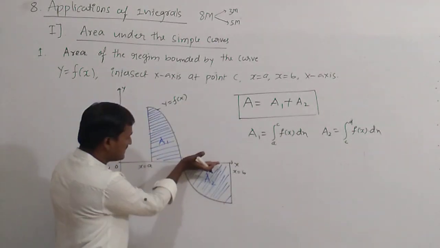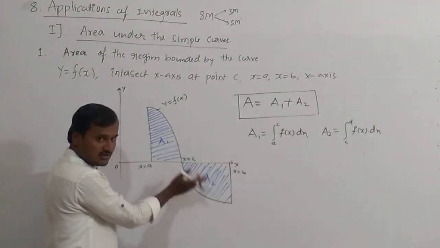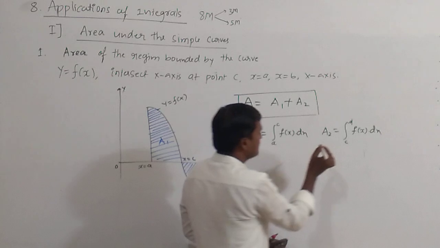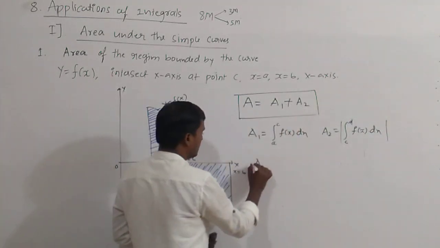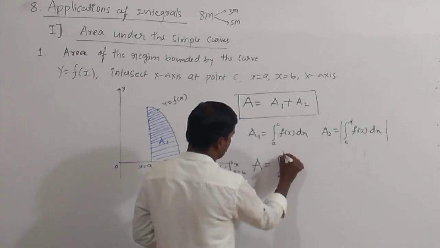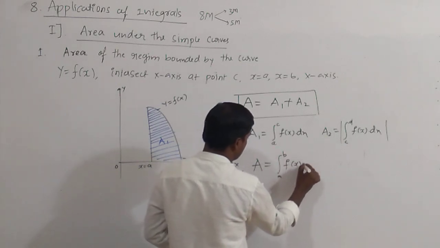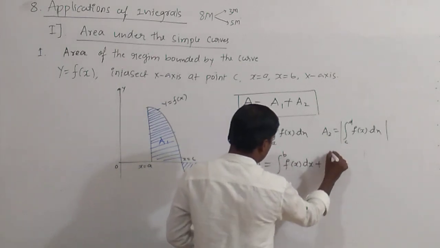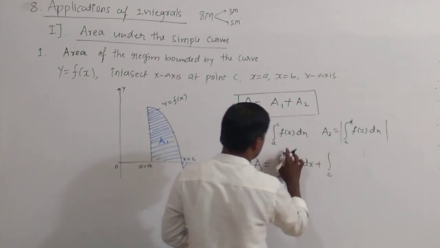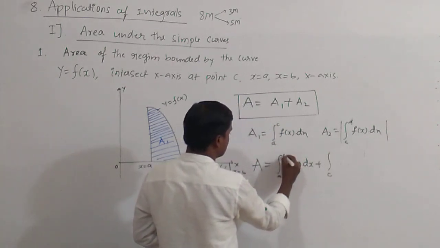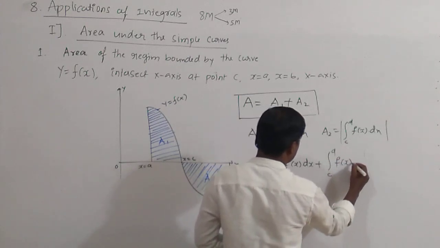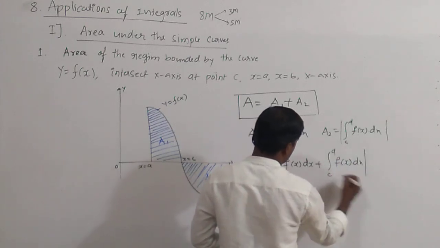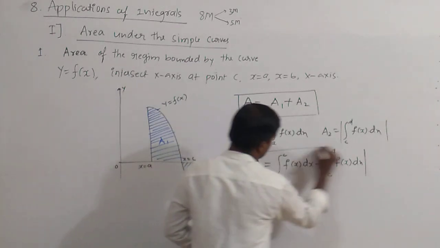And this area clearly lies below the x axis, so in this case you have to take the mod. Therefore the required area we will write like this: integration of a to c f of x into dx plus integration of c to b f of x into dx, but for this you have to take the mod.